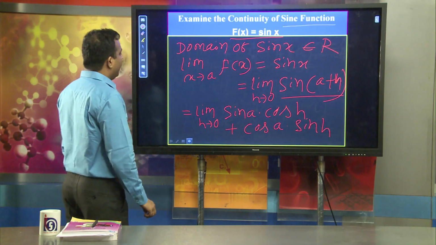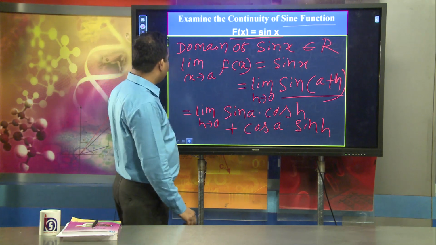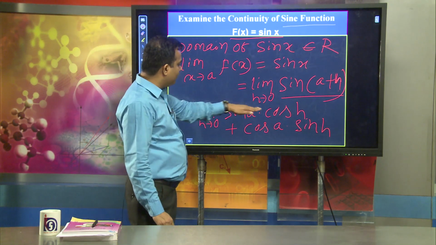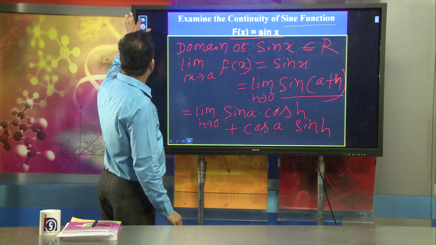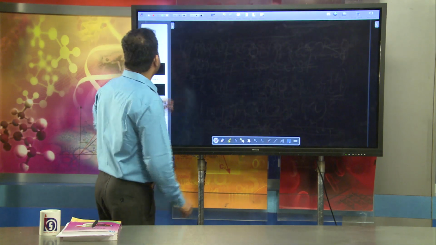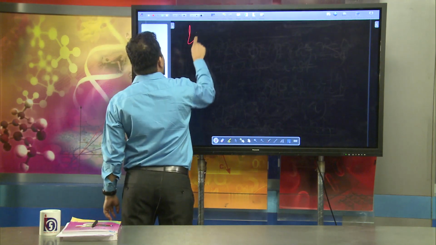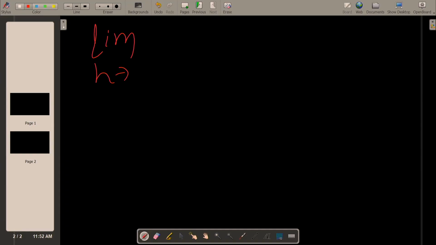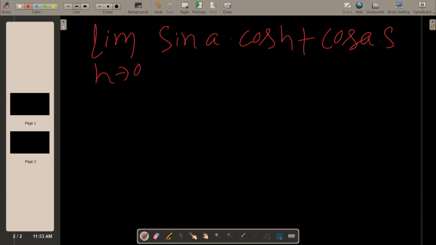Now, when we check the limit h tends to 0 of sin a cos h + cos a sin h, there are two things we have to find.